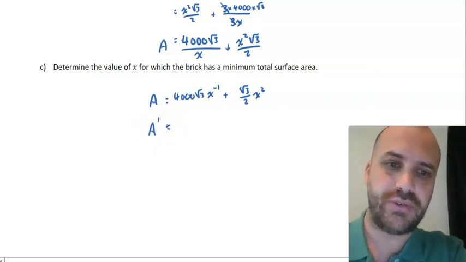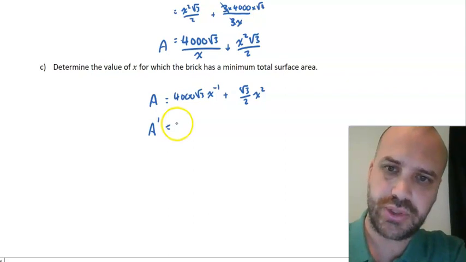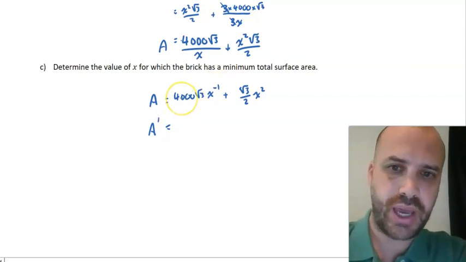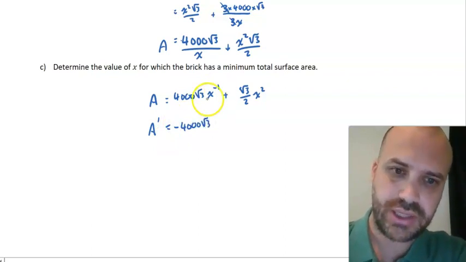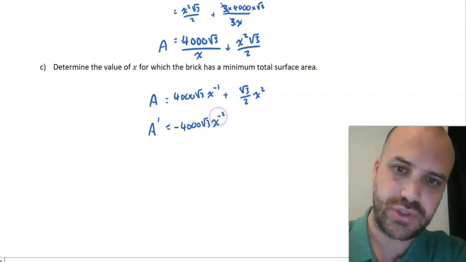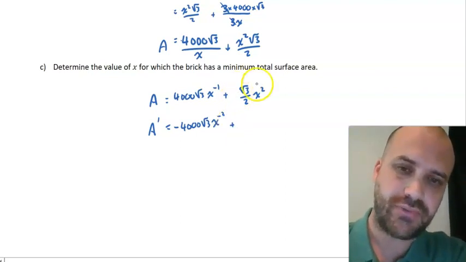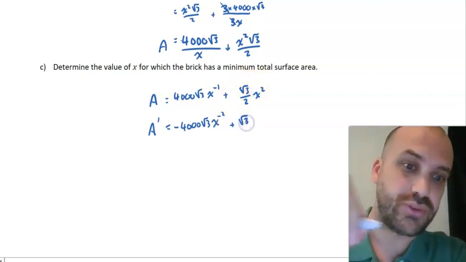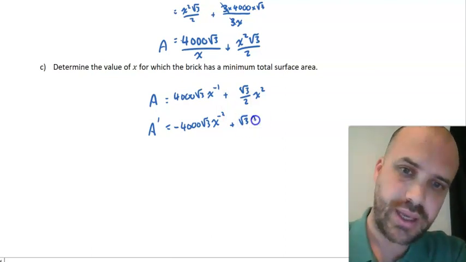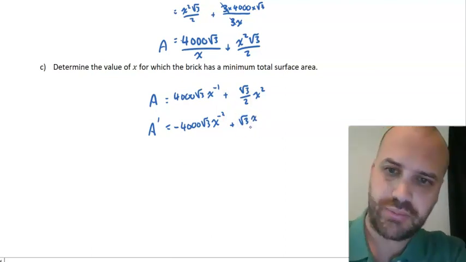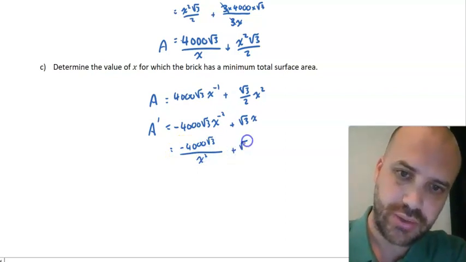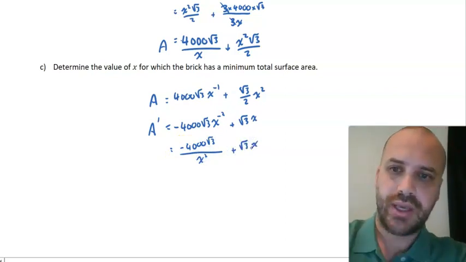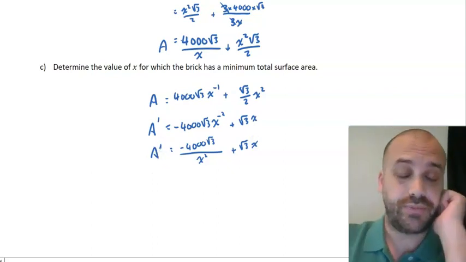A dash, the derivative of that, is going to be equal to power out the front, so negative 4,000 root 3, decrease the power by 1, x to the negative 2, plus power out the front, that leaves us with root 3, because we multiply by 2, and x. We'll write that now as negative 4,000 root 3 over x squared plus root 3 x. And that is our derivative.